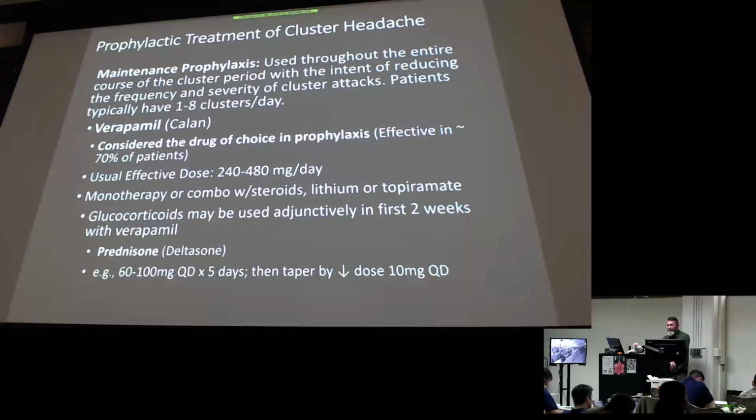Once again, just like tension, one prophylaxis medication option, verapamil, a calcium channel blocker. You'll learn about it in block 4 of Pharm 2, right, in a few weeks. It's used for blood pressure, angina, heart rhythm disorders, but you just need to know verapamil, drug of choice for prophylaxis in cluster headaches.